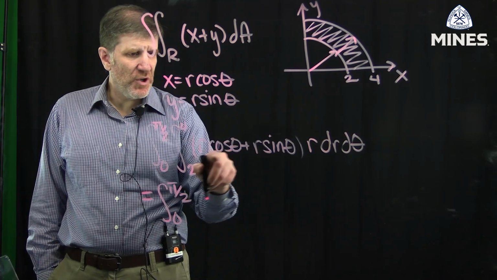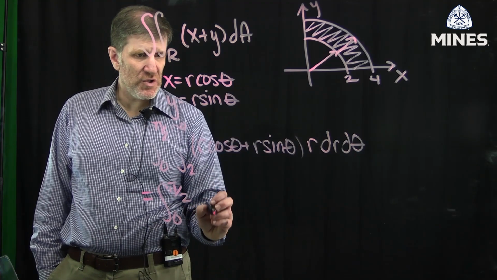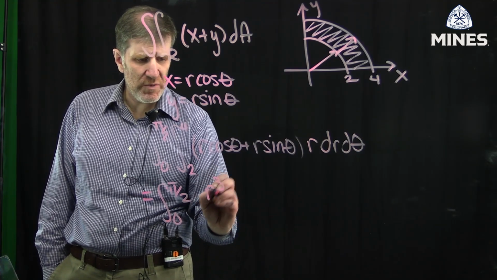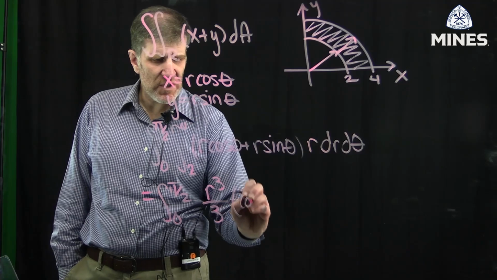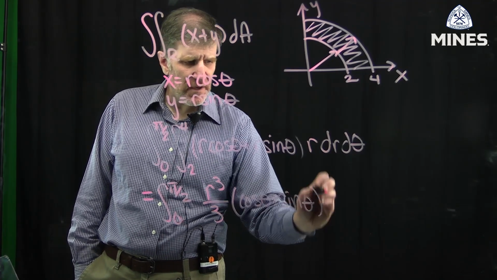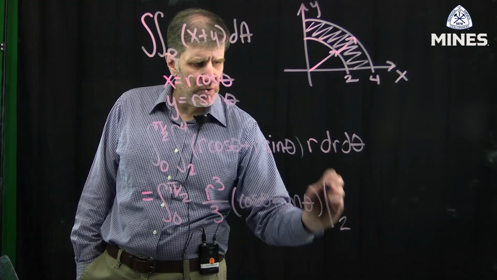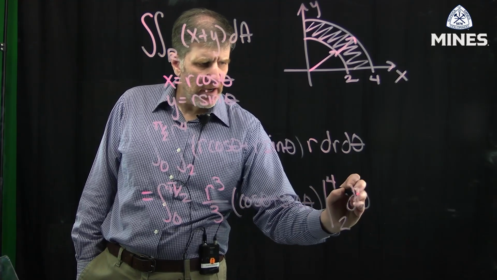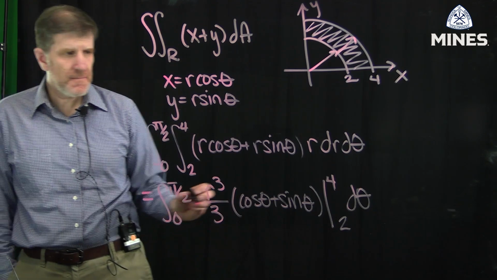This looks like we can factor it out here, and we have that r, so it's an r squared, which integrates to r cubed over 3 times the cosine of theta plus the sine of theta from r equals 2 to r equals 4. And then we have d theta.